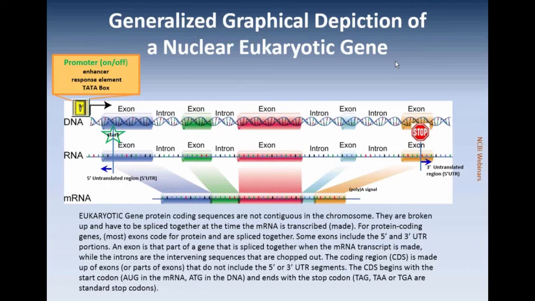So a eukaryotic gene that is on the genomic DNA sequence has different parts, specifically exons, that go into the messenger RNA, but the introns are spliced out of the messenger RNA. The messenger RNA is then read by the ribosome to then be translated into protein with the amino acid residues.